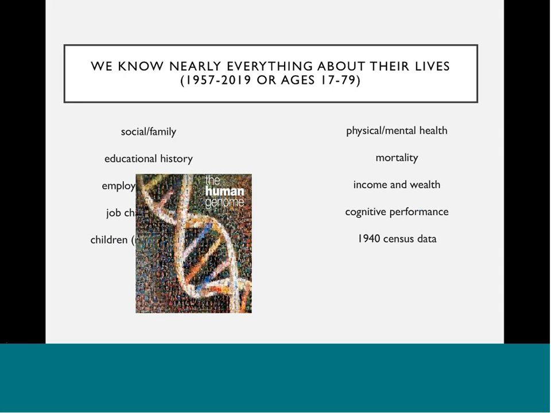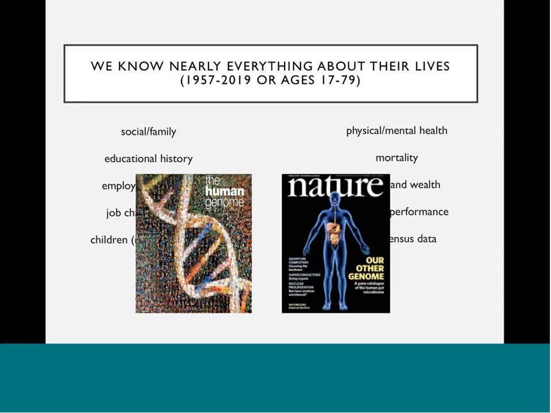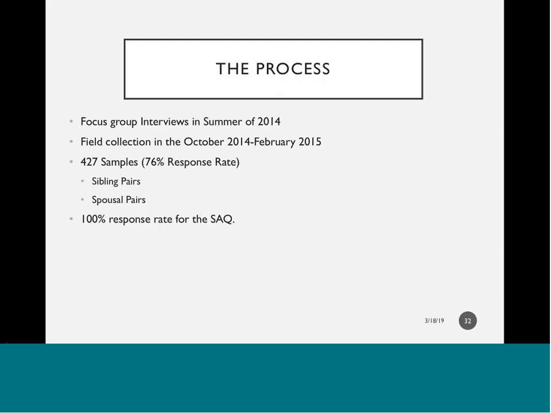We've also added biological data. So we have genomic data on well over 9,000 of the participants. And as I already mentioned, we did this pilot study collecting data on the microbiome. We did this for approximately 427 participants in our study.